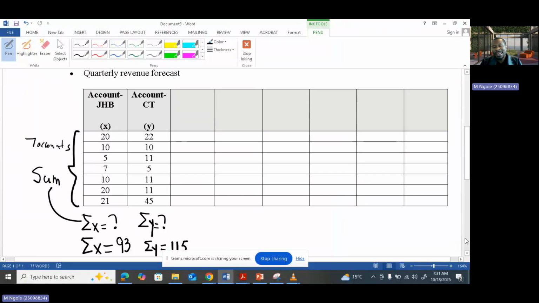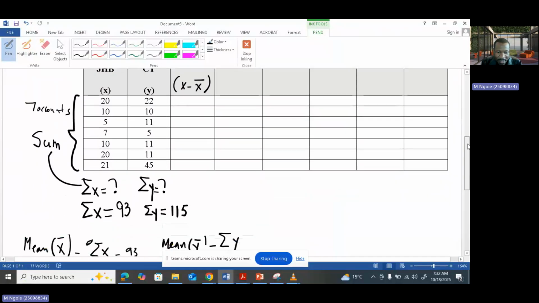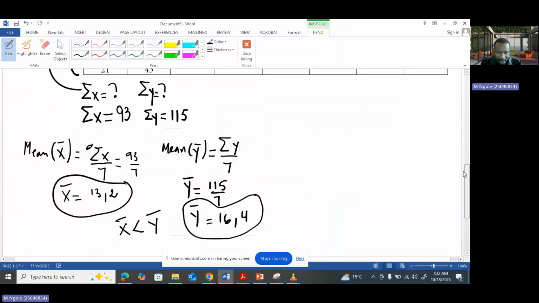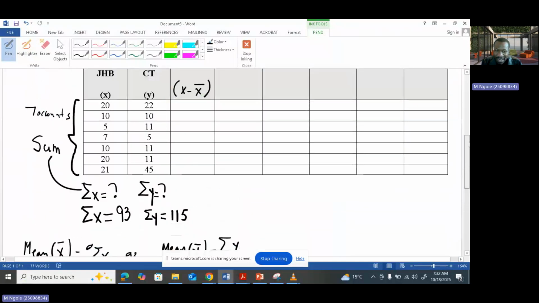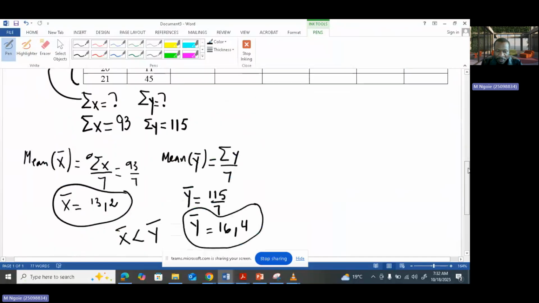Now, let's see another thing that you need to understand. From this column, most of the time, we're going to try to get X minus X bar, right? So we're going to take each value minus the average. Remember, the average for X bar is 13,2, or comma 3 if you want. Use comma 2, it's fine.